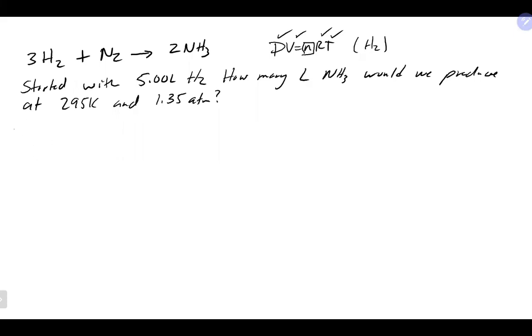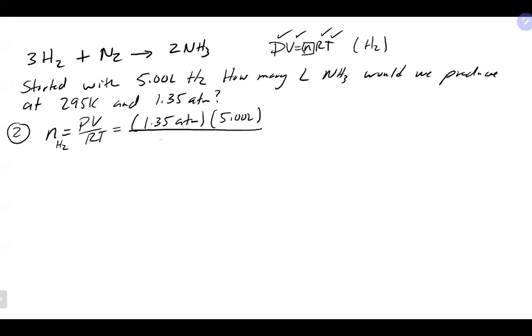We then do the second step, which is solving for moles by using the ideal gas law up front. And these would be moles of hydrogen. We have the pressure, which is 1.35 atmospheres, and the volume, which is 5 liters of hydrogen, divided by our R and our temperature, which would be 295.